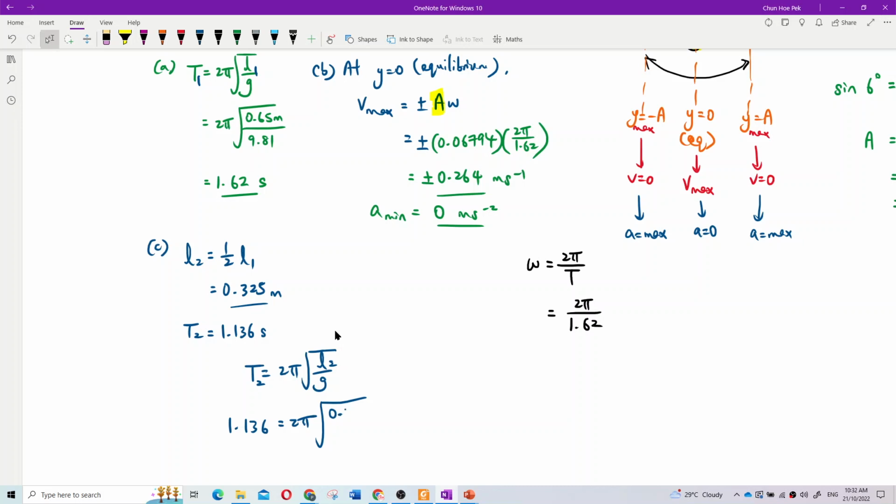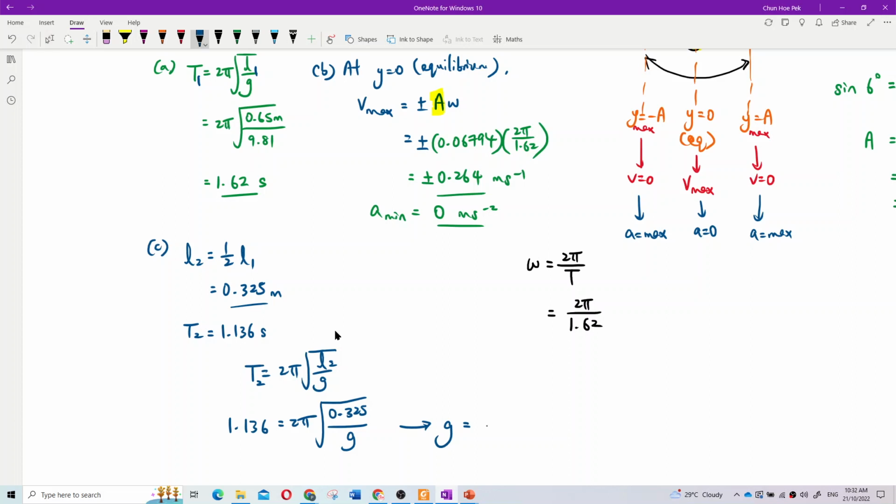L is 0.325 over G. So what is the G value? 9.94. Okay, that's correct.